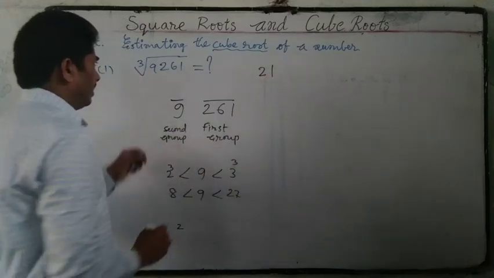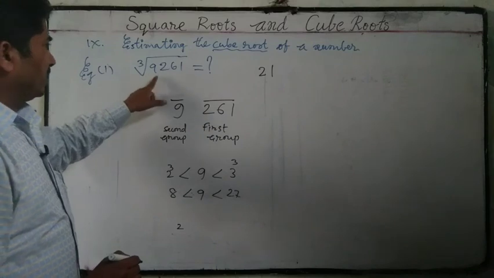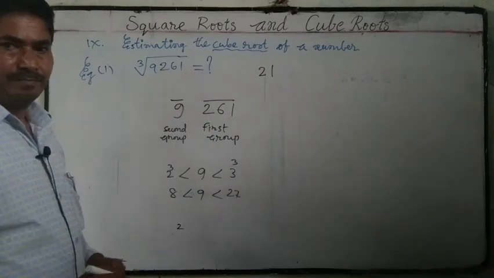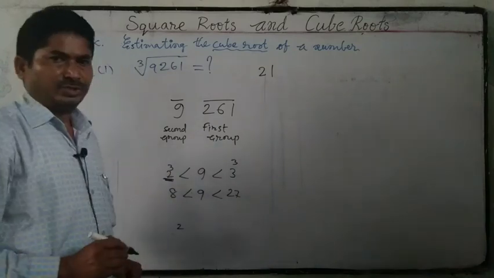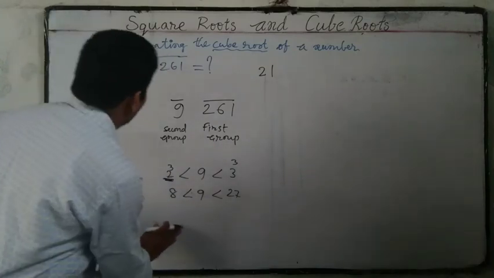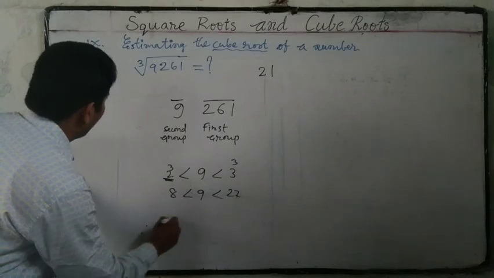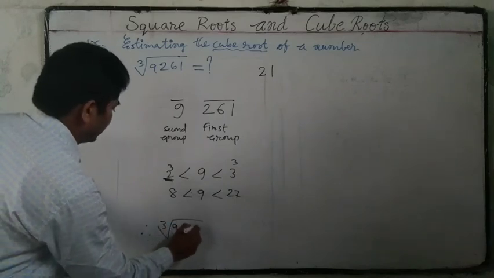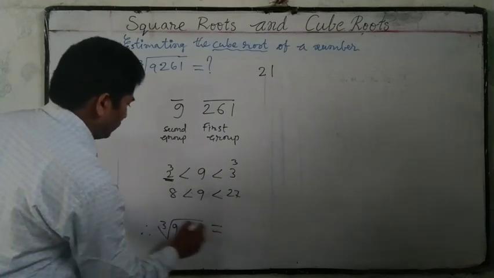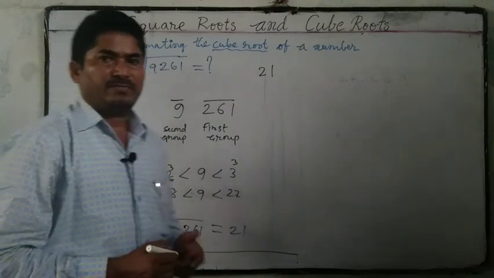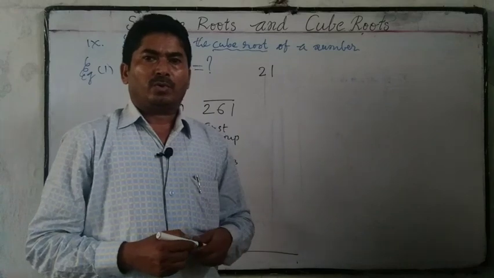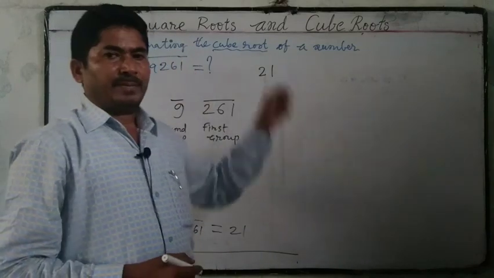So 21 is the cube root of 9261. Therefore cube root of 9261 is equal to 21. This is the method of finding cube root by the estimating method.